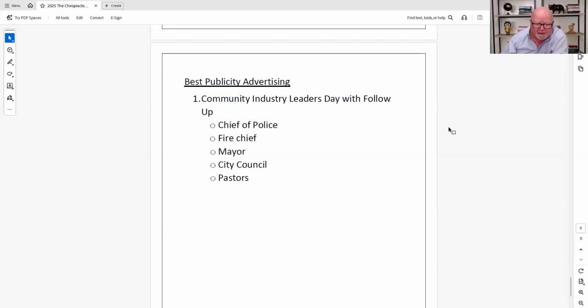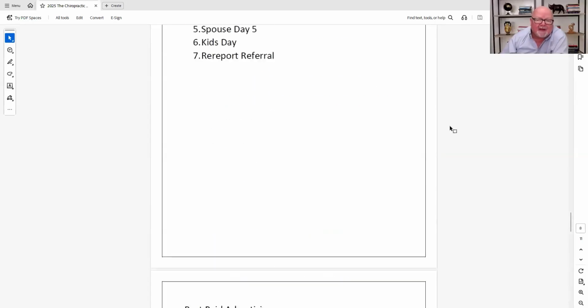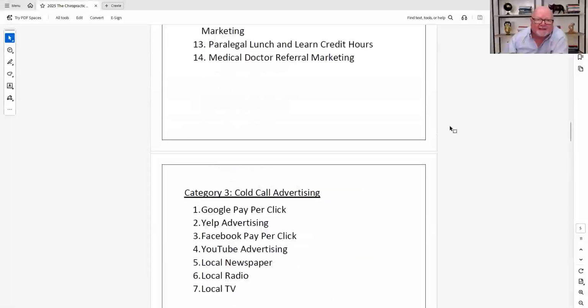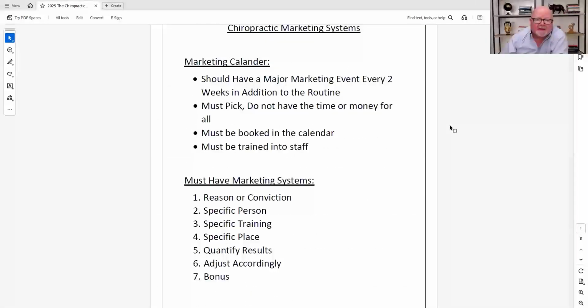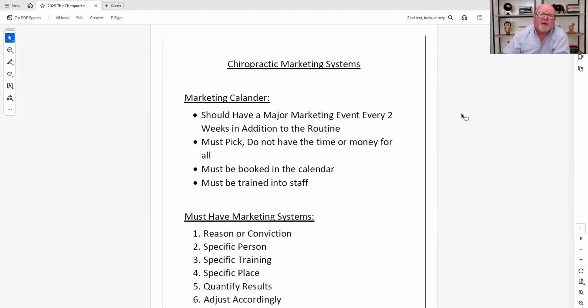And there you go. There's your marketing calendar. You got limited time and money. You got to make a decision what you're going to do. Put in the regular systems. So what are the regular systems that you should be doing? Day 5, spouse to day 5. That should just be routine. The monthly in-office promotion.